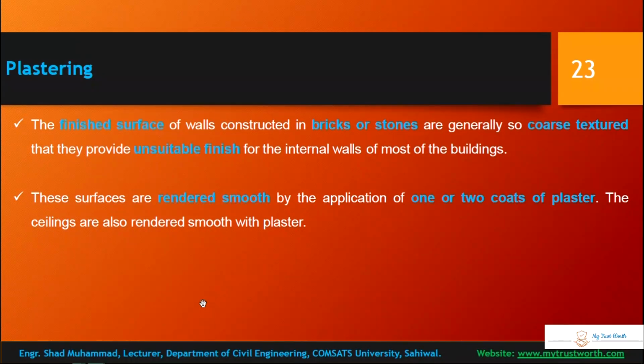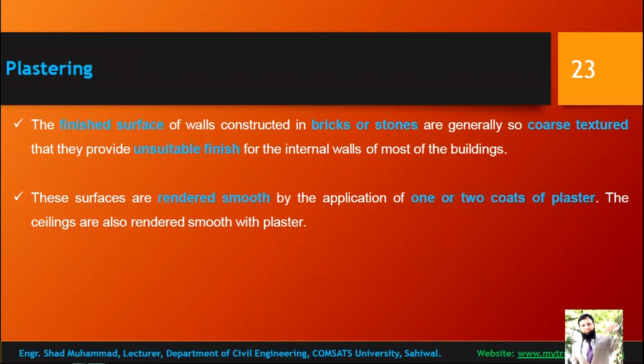All right. The finished surface of the wall constructed in brick or stone is generally so coarse textured that it provides an unsuitable finish for the internal wall of most of the buildings. You say, why do we need plastering? When you do brickwork or stone masonry, the surface finish is coarse textured and unsuitable.